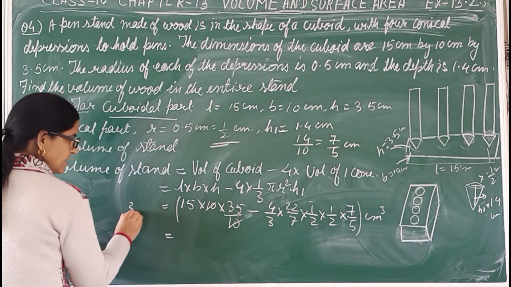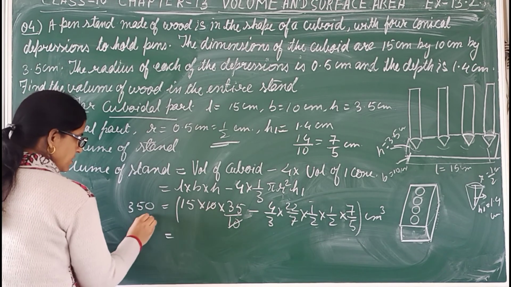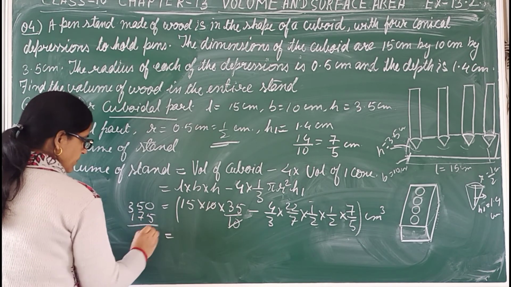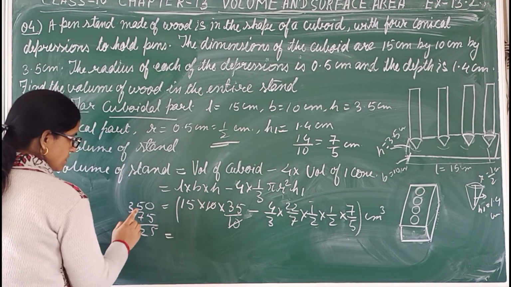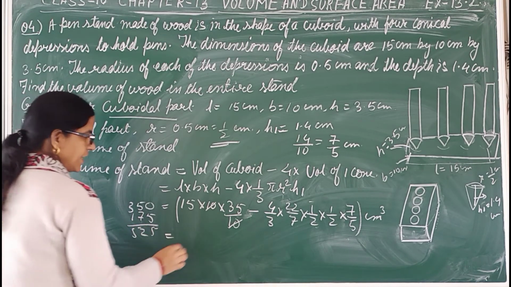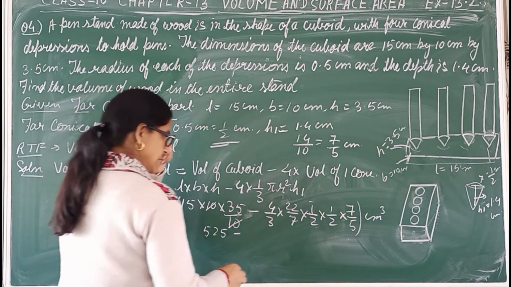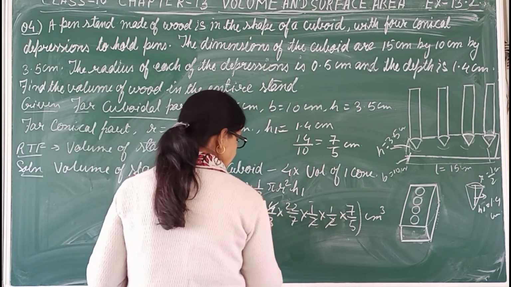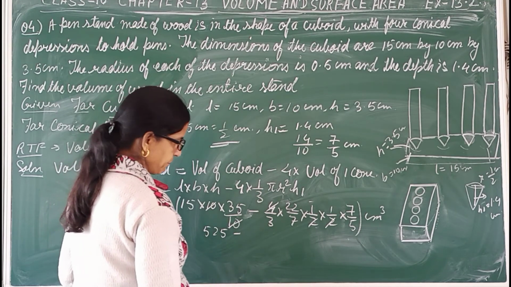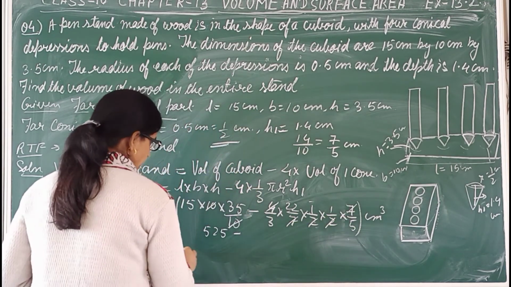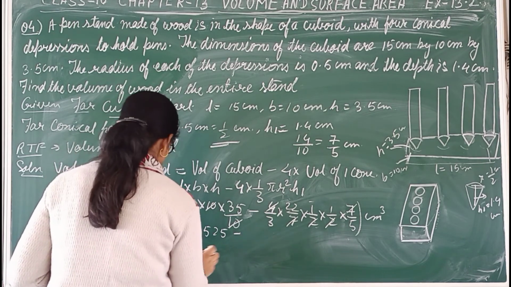So over here 525. Let us see, something will be cancelled now, 4, then this 7 will be cancelled, and nothing more.